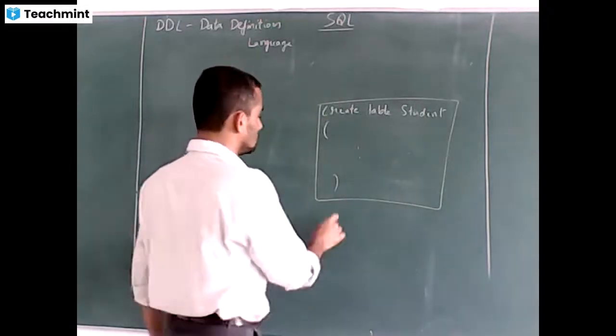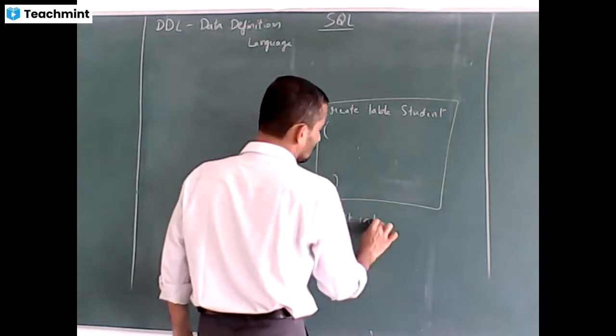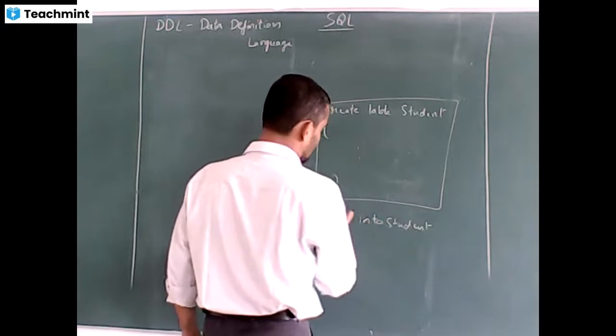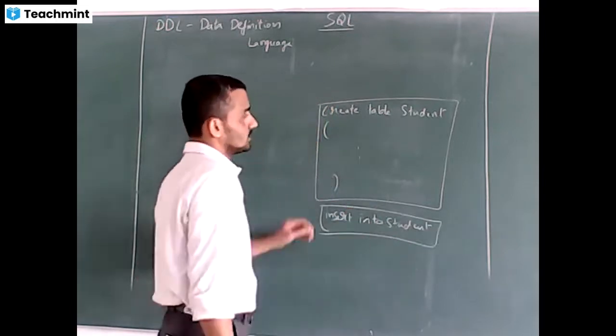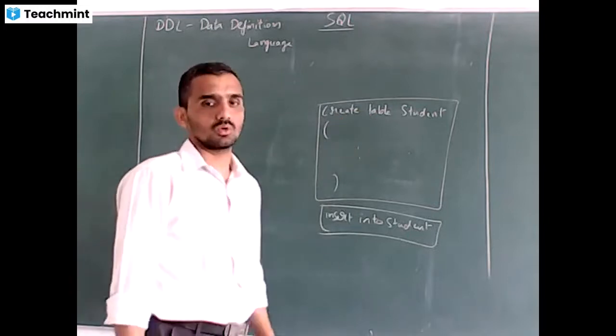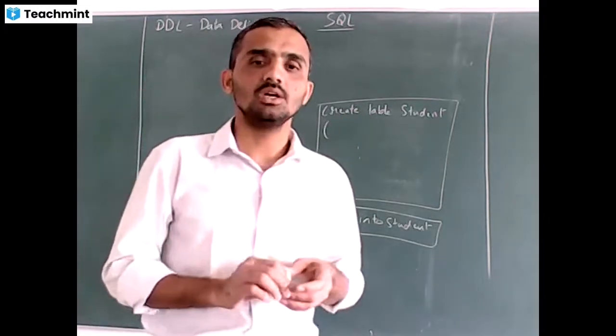Below this you can write an insert command, insert into student values like this. This is another SQL query. If you combine these, it becomes one SQL program. Generally in SQL, we don't call it an SQL program, we just call it SQL queries.